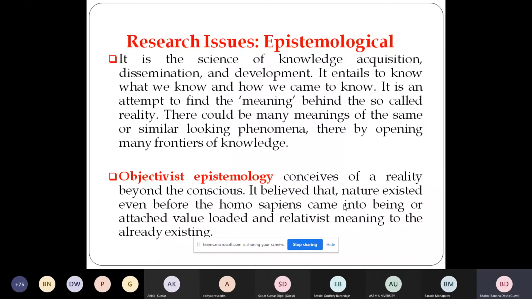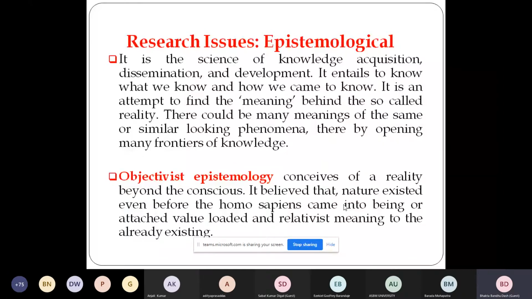So if you analyze that, epistemology is, in a real sense, your review of literature. What did the subsequent researchers talk about apart from the established truth and the theoretical base? How is the concept more clarified, more analyzed, more segmented? That is what it talks about.